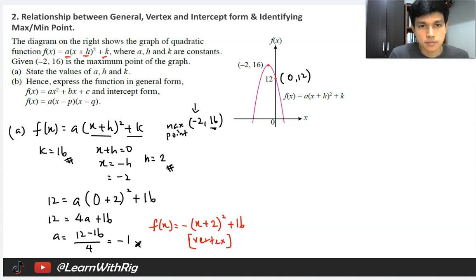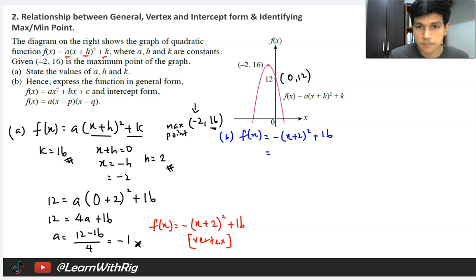Part B: hence express the function in general form and intercept form. It's very similar to what we have done just now. You already have the vertex form. If you want to change to general form, you just have to expand. So you have f(x) equals negative (x plus 2) squared plus 16.